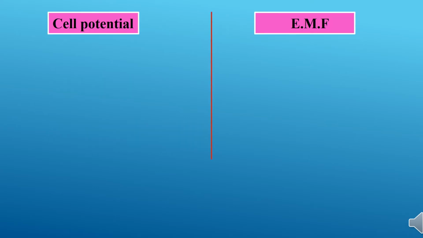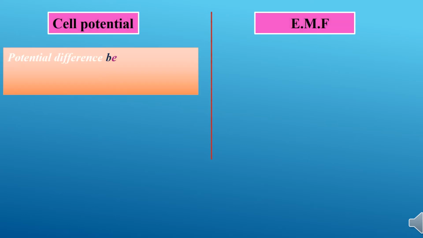Now we take the difference between cell potential and EMF. There is a slight difference between them, and sometimes students get confused, so we will clarify it.